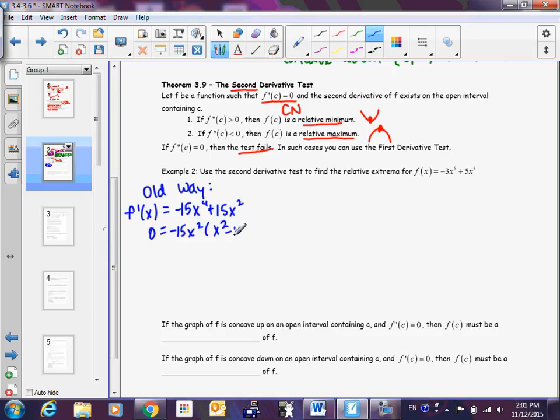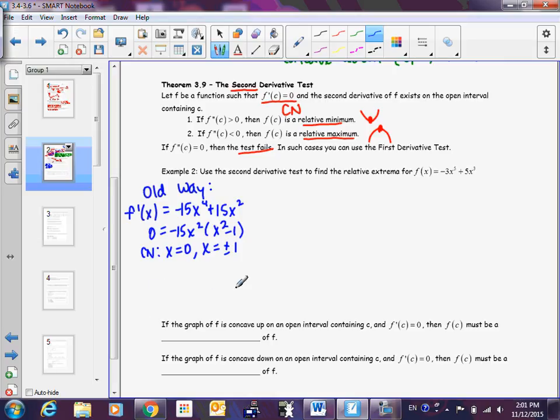And then I'm left with x squared minus 1. And then I solve for x. So if I set negative 15x squared equal to 0, that means x is 0. What about this piece? Exactly, x is plus and minus 1, and we called these critical numbers. These are possible relative extrema.